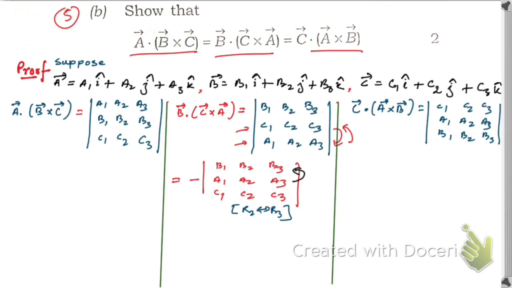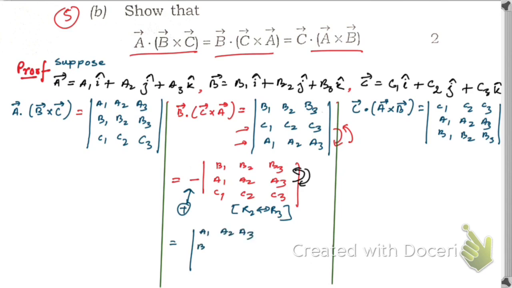Now we're gonna exchange again the first and second row. Now if you interchange them, you are going to get another minus, which makes this minus positive.